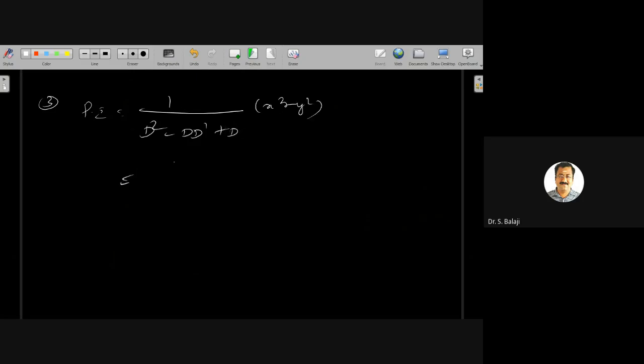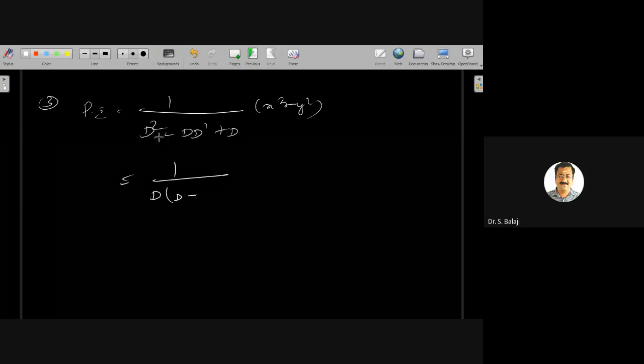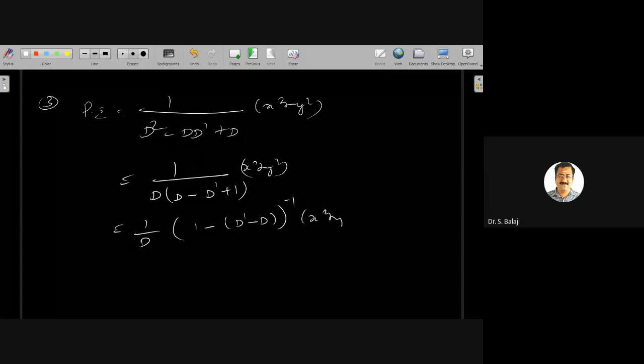Here D is present, therefore we can take D as a common element: D minus D dash plus 1 in that, I can write x square plus y square. Or if you take 1 by D, then you can write 1 minus of (D dash minus D) whole power minus 1 of x square plus y square. That is a simple way.